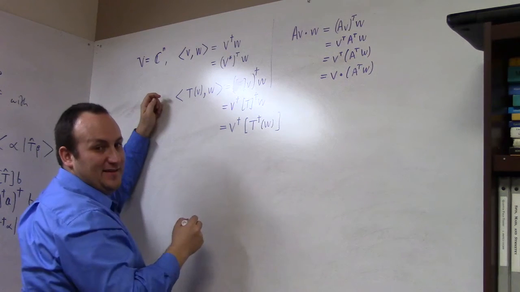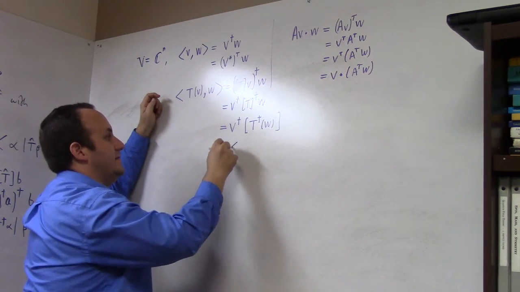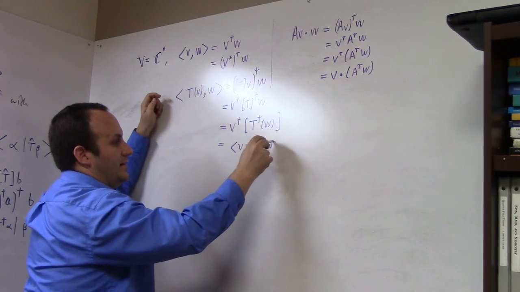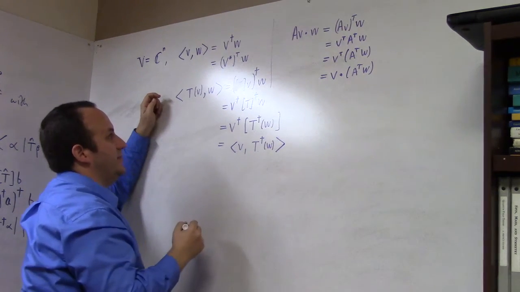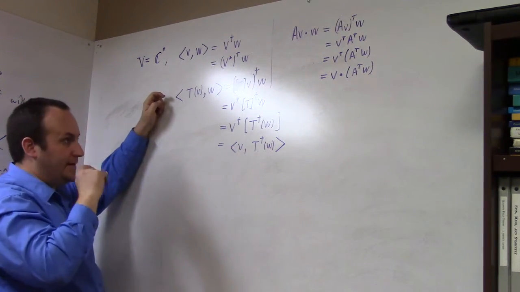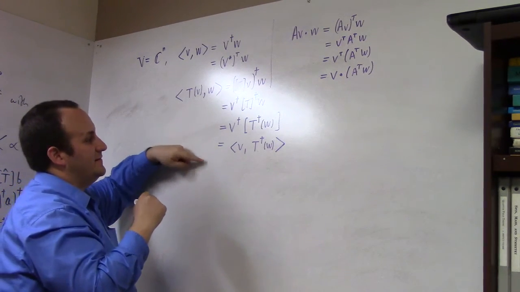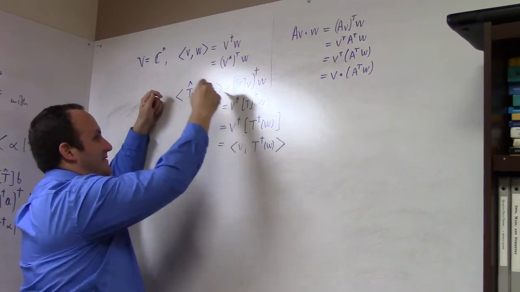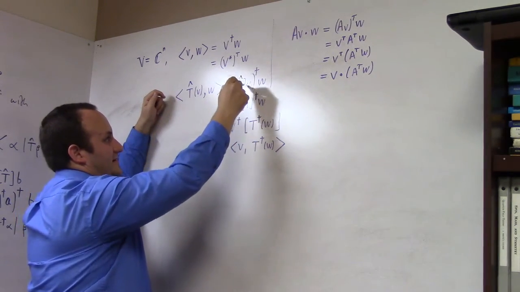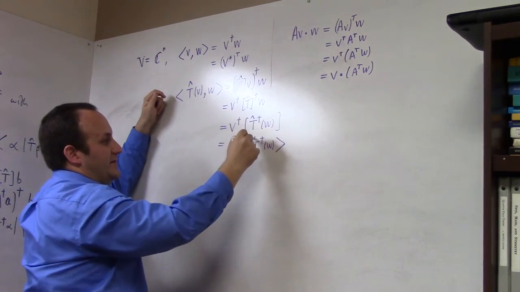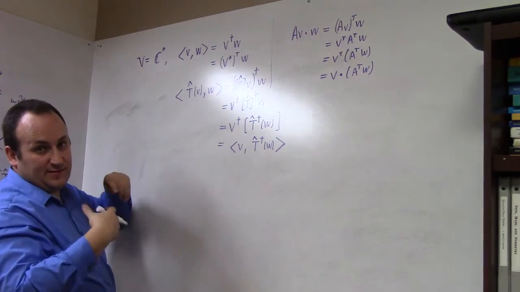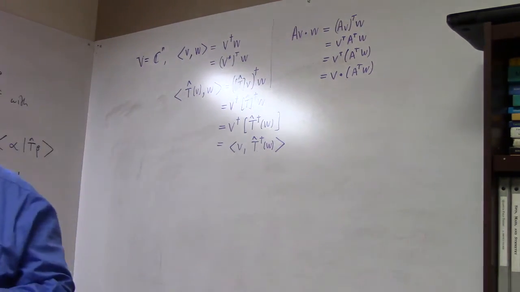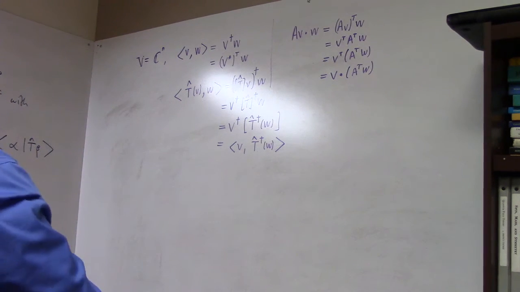And then that's exactly V T conjugate transpose W. I know there's some linear algebra going on here, but my point is really that this is just an identity for any transformation. This is not a property of the transformation, this is an identity of the inner product.